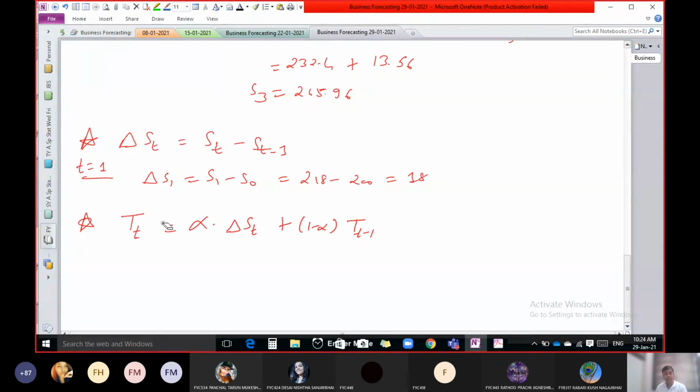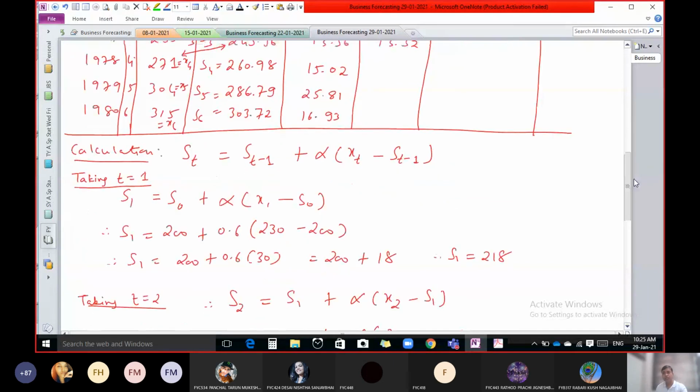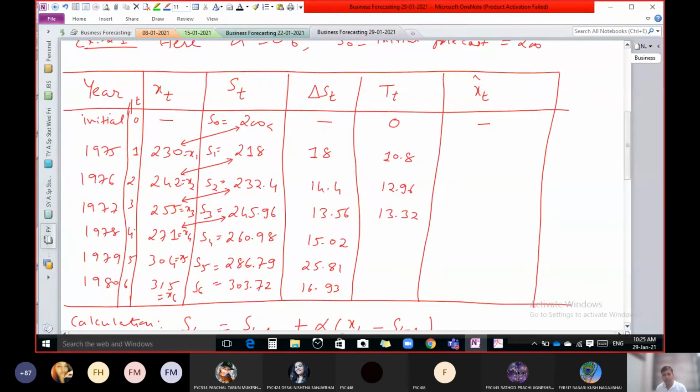Once again, what we have to do? Just check this. If I want to find this number, which number is this? This is T1, T2, T3 and now this is T4. So what do we have to do to calculate T4? You have to multiply this by alpha and this by 1 minus alpha.